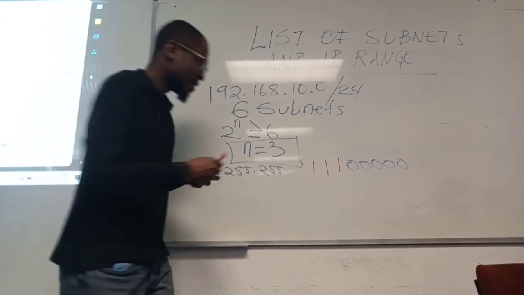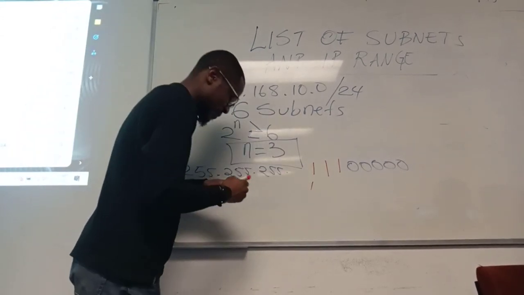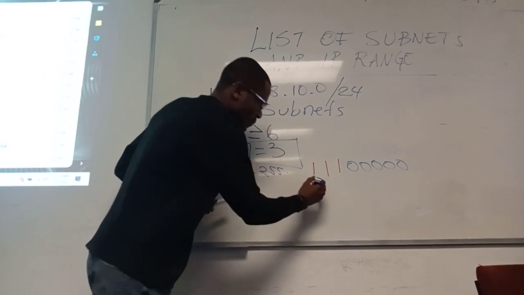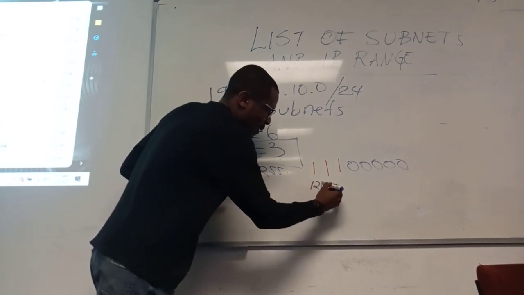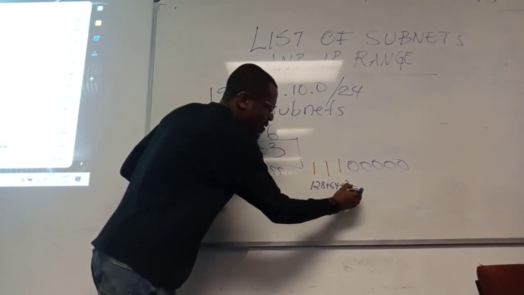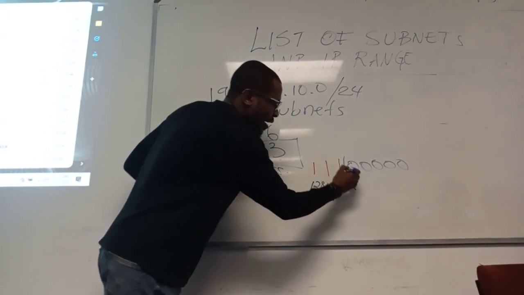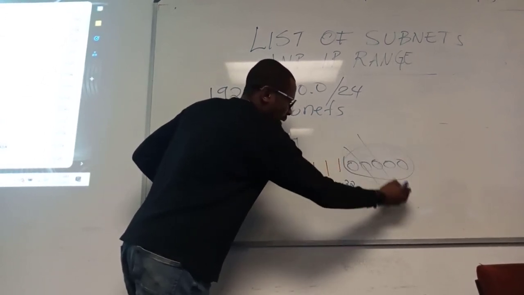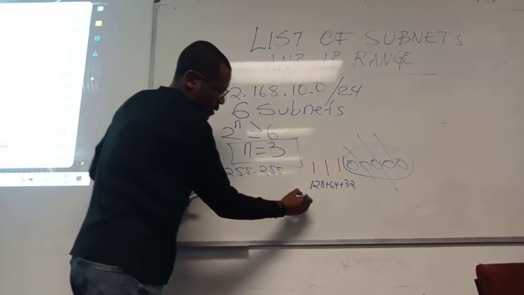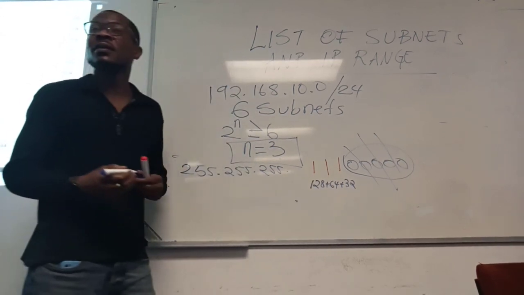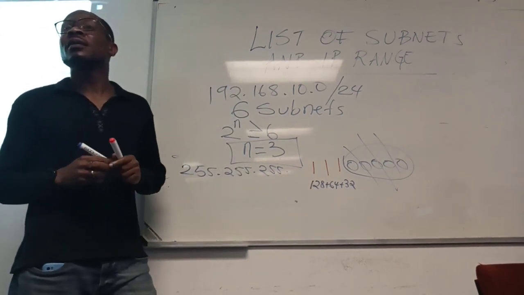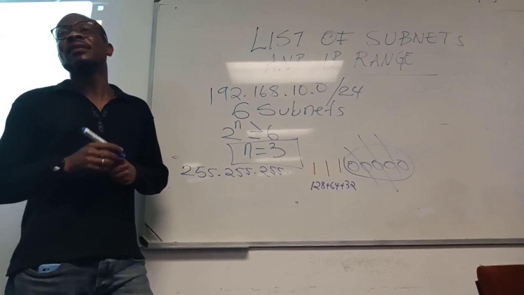It's gonna be 128 plus 64 plus 32. You cannot carry on because the rest are zeros, so you can cancel them here. You always start at 128, you cannot go over.